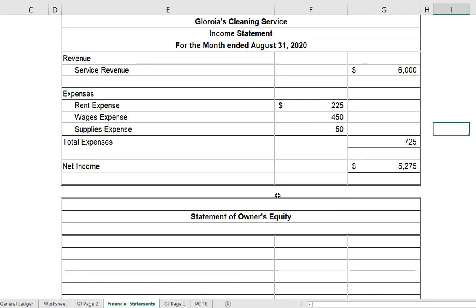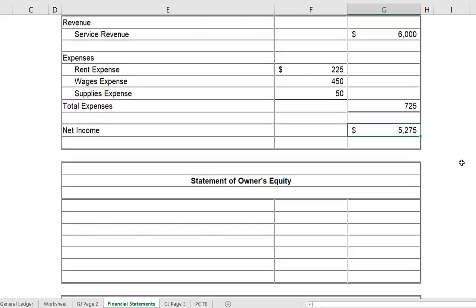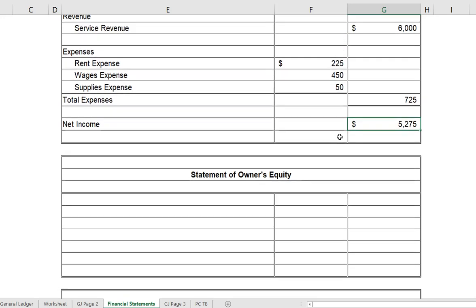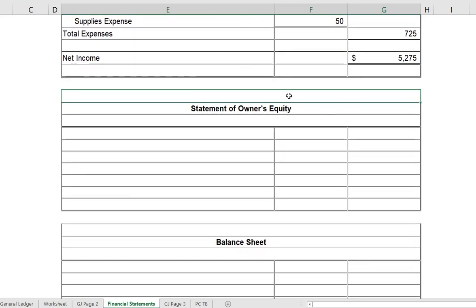Excellent. Now let's prepare our owner's equity statement. And remember that that number is going to go into our capital account, right? Because net income is an addition to owner's equity. Okay, so we're going to start with the name of the company.